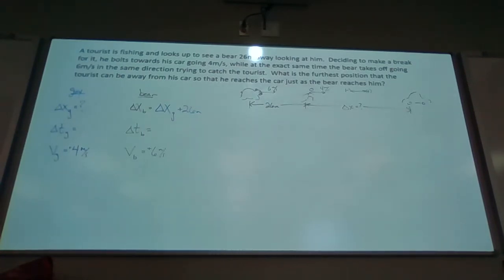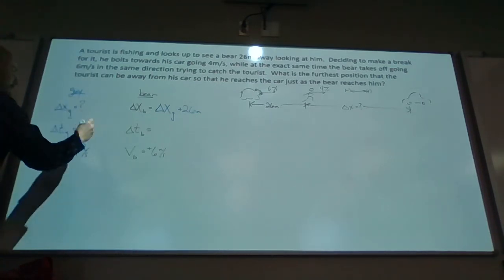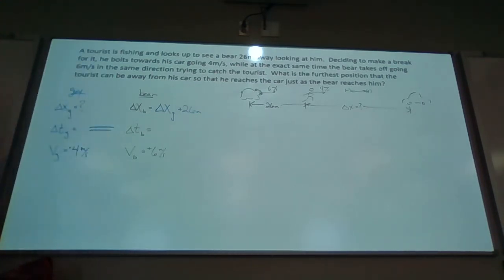Who's running for a longer period of time? Same. Not distance, but time. So we don't have a value for that, but we know that these two are equal. Okay, good with that?